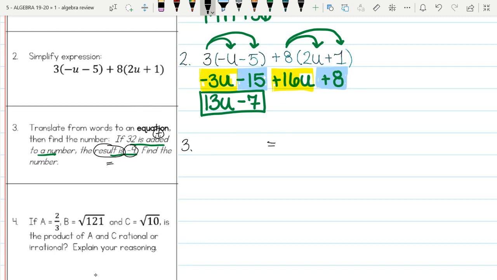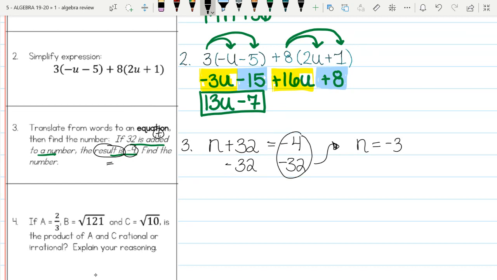So you know you're going to have that negative 4 on this side. So I'm starting with that number, and I've got to add 32. If you wanted to solve this way, you could. I'm going to write it over here just to save some space. So my number has to be negative 4 minus 32, which is negative 36. Alrighty.